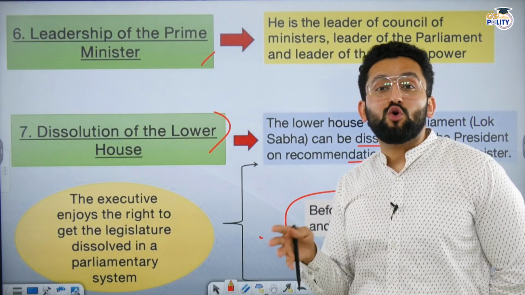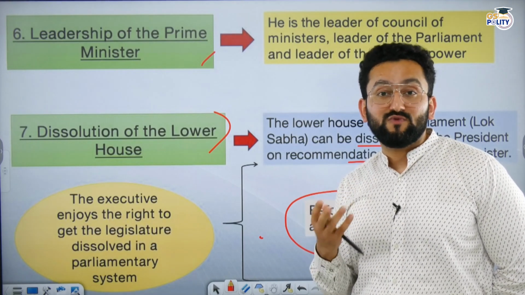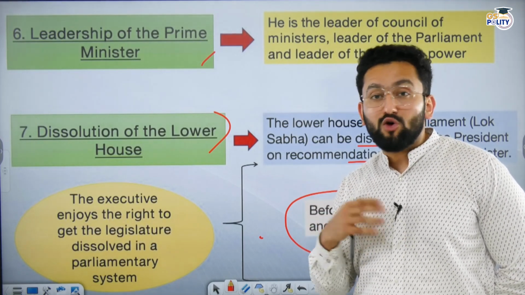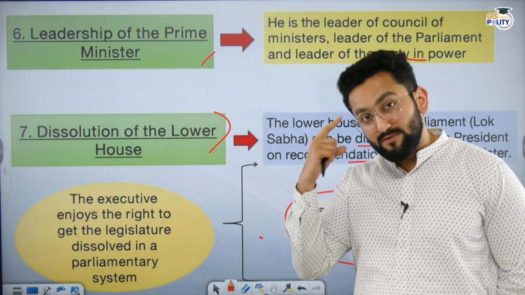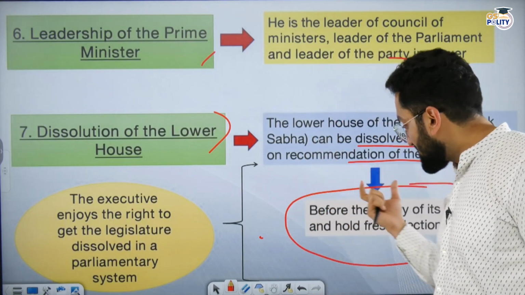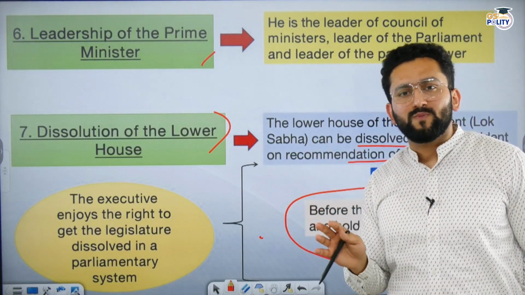It can never be dissolved. And how this concept was made and how this works, we are going to talk about in the Parliament chapter. But please remember the difference in using the word term, because ministers and the Prime Minister don't have any term.